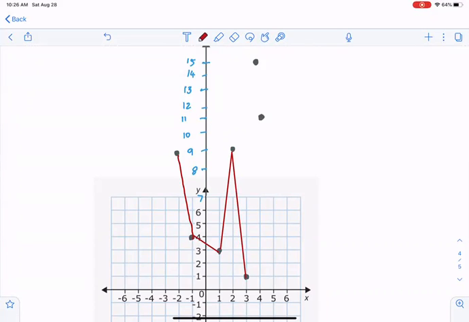The last two are at 15, so it's going to go up and will form a vertical line.